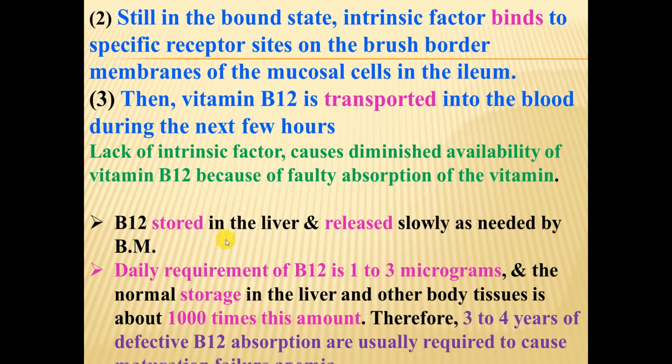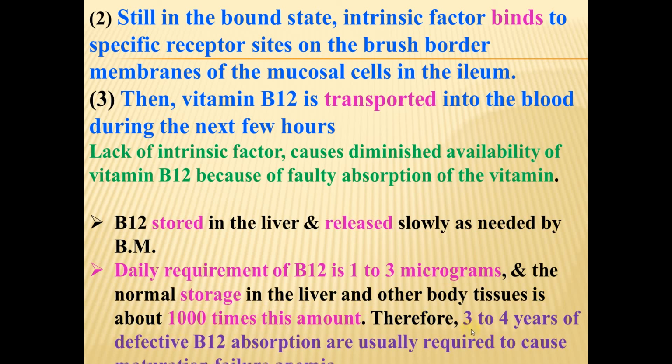Vitamin B12 is stored in the liver after being released, and released slowly as needed by bone marrow. Whenever the bone marrow needs it, it takes it from the liver. The daily requirement of vitamin B12 is 1 to 3 micrograms, and the normal storage in the liver is 1000 times this amount, meaning the storage is 1000 times the daily need.